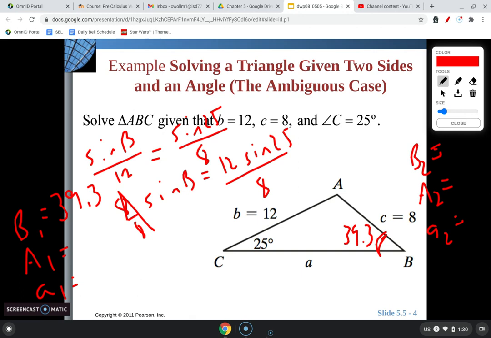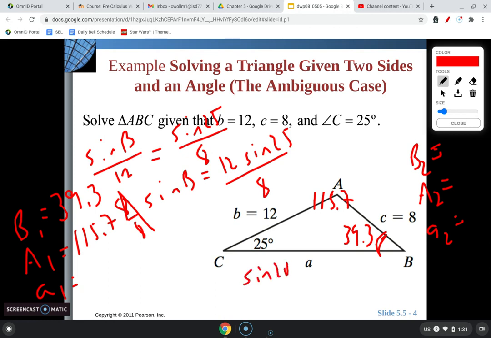So we go 180 minus 25 minus 39.3, and that gives me 115.7. Okay, and then we can set up to find little a.